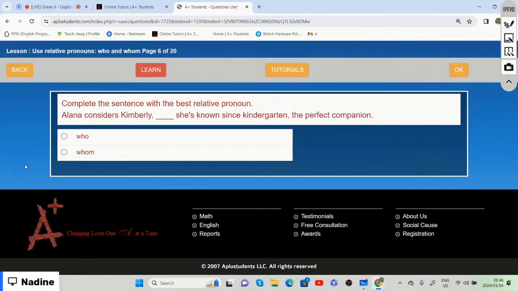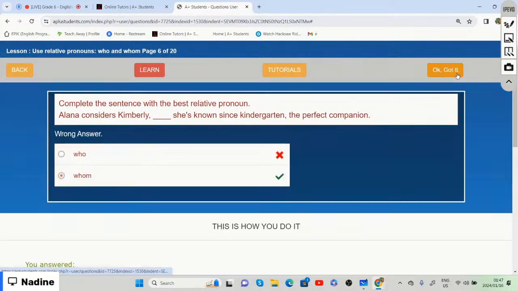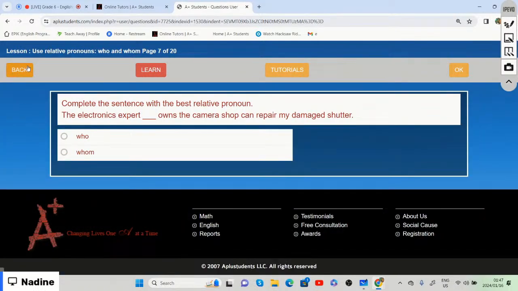And Elena considers Kimberly, do we say who she knows since kindergarten, the perfect companion, or whom she knows? Oh, it's actually whom she knows since kindergarten. All right.